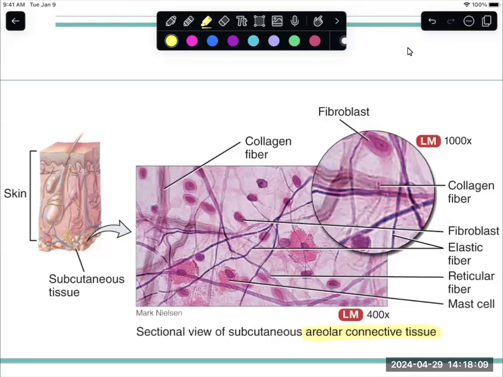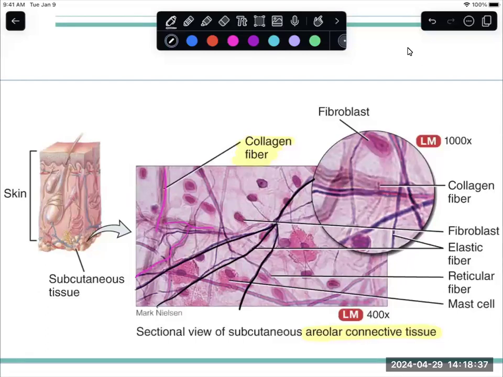Areolar tissue has collagen fibers, which are these thicker pink fibers that are found throughout. They have elastic fibers. That's these dark purple fibers. I'm drawing over them in black. Those are elastic fibers.